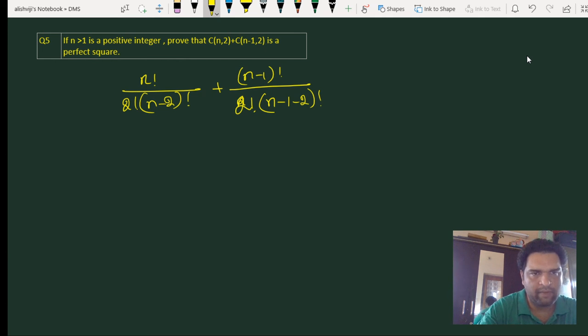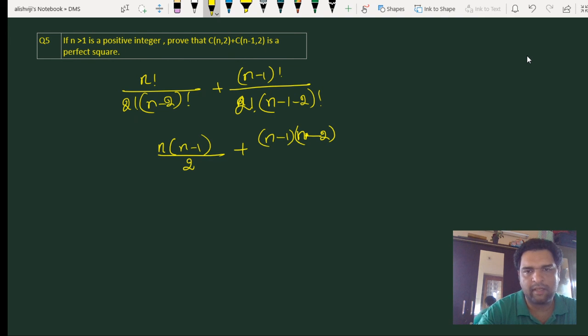If you simplify it, 2 factorial is 2, and in the numerator, when we cancel n minus 2 factorial from n factorial, we have n into n minus 1 divided by 2, plus n minus 1 factorial over n minus 3 factorial, so it is n minus 1 into n minus 2 divided by 2.